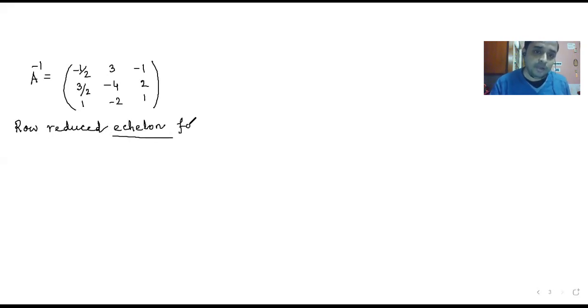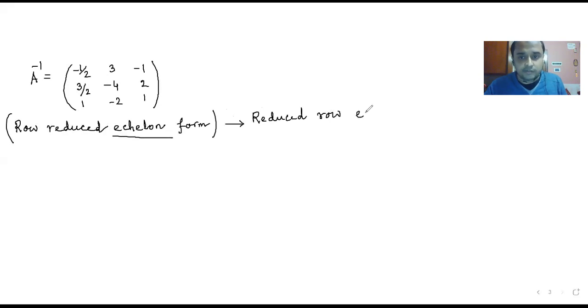I am putting this in front of you, and you will decide what to call it. I will call it echelon. Some people call it row reduced echelon form, and in Friedberg they called it reduced row echelon form. Reduced row echelon form, according to Friedberg.